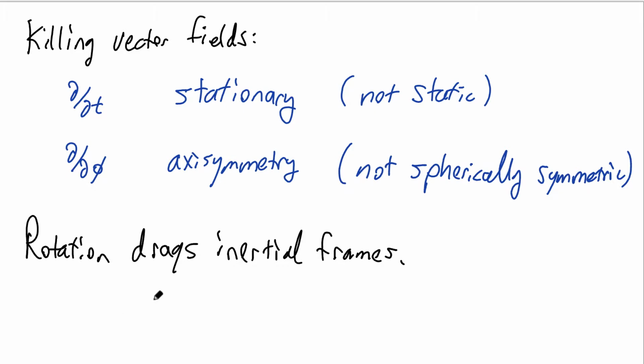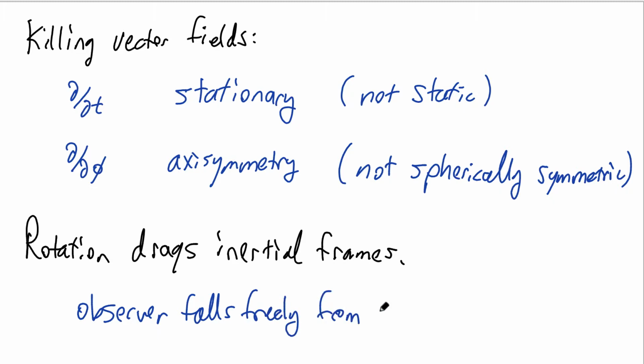So let's consider an observer who falls freely from r equal infinity with no angular motion initially towards the rotating black hole.